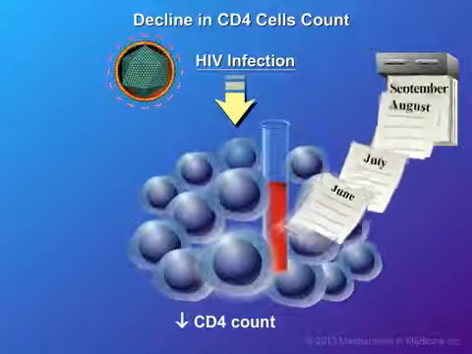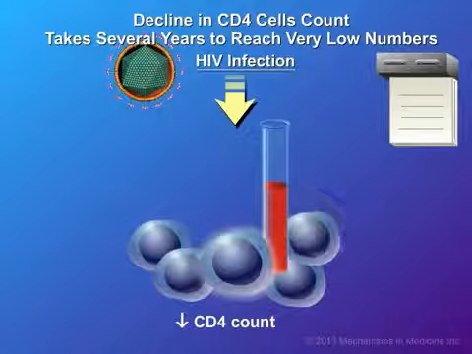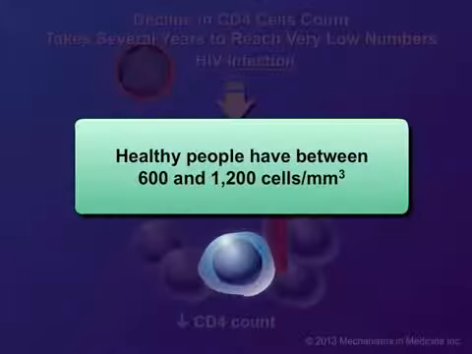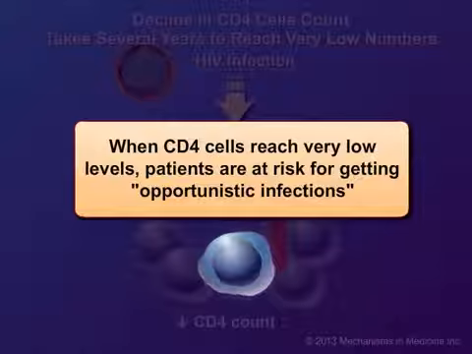However, declines in CD4 cells in the bloodstream can take several years to reach very low numbers. Healthy people have between 600 and 1200 CD4 cells in a cubic millimeter of blood. When CD4 cells reach low or very low levels in the bloodstream, patients are at risk for getting serious infections or cancers.